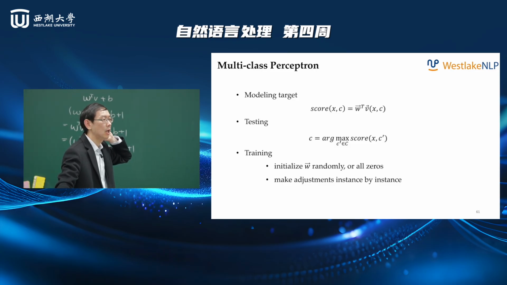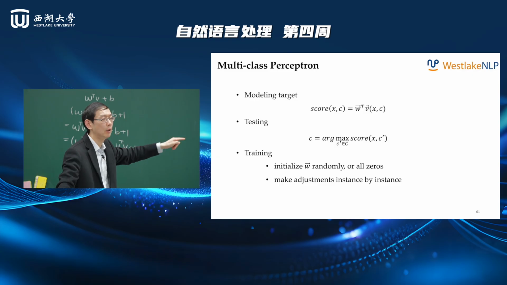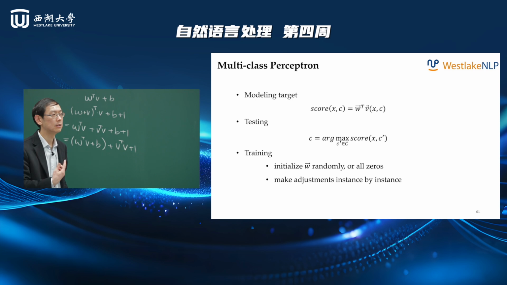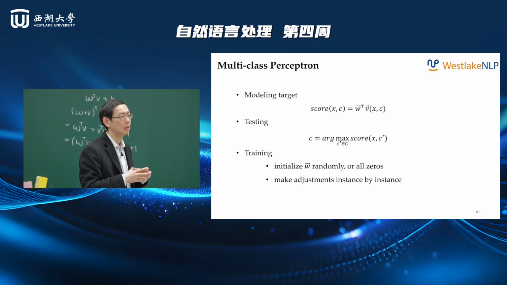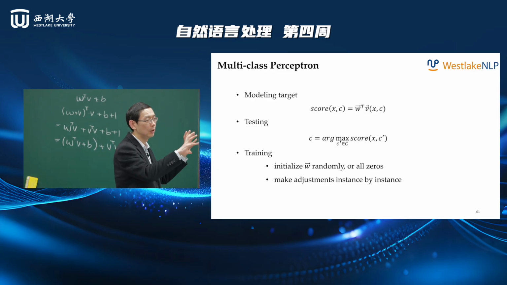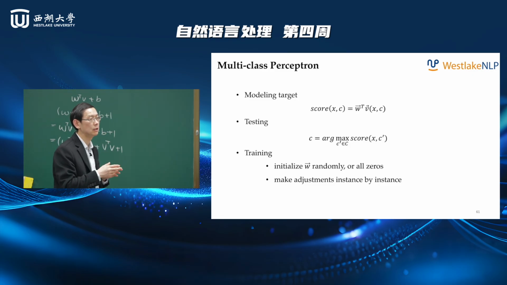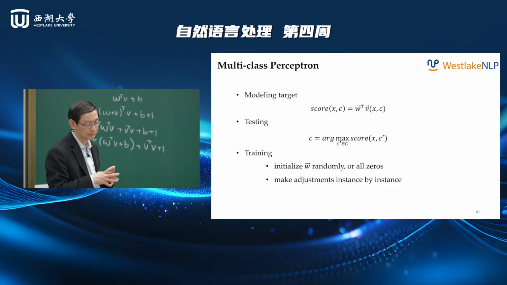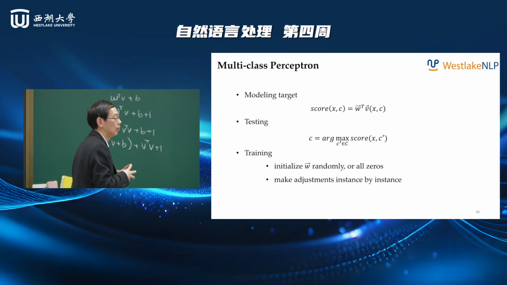Argmax means I find the argument, namely C, that maximizes the equation, namely the score of D and C. If I change it to max, I mean I find the maximum value of the score. That's called max. Argmax means I find the argument that gives the maximum value. So this is testing, and how do I train the model?